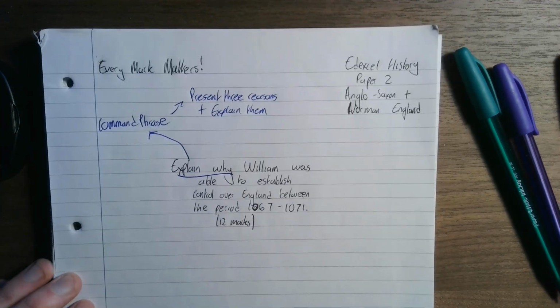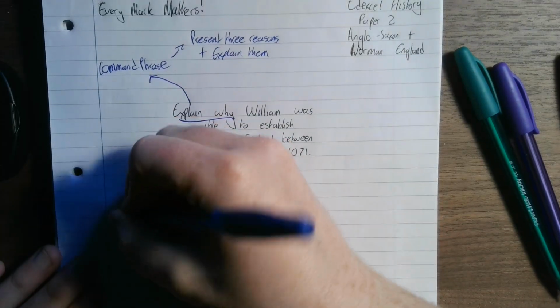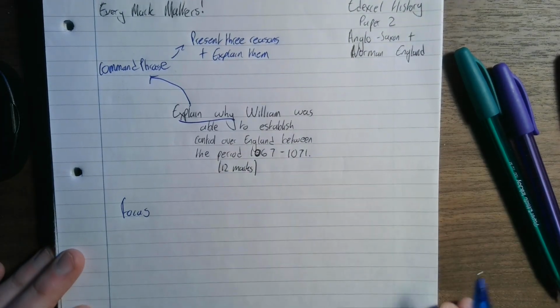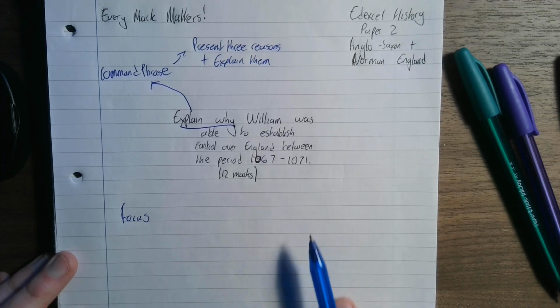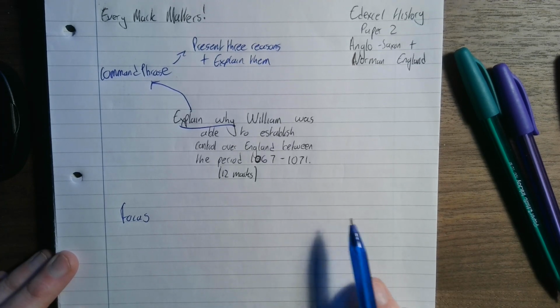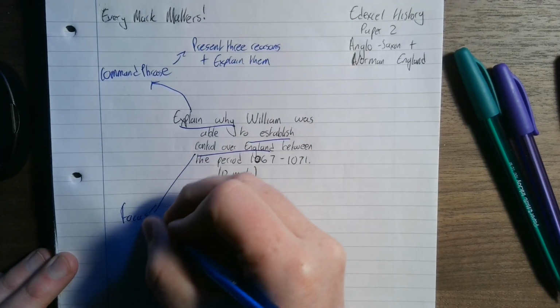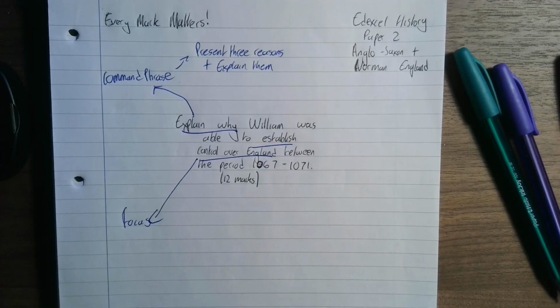Okay, so there's our command phrase. Let's have a little look at the focus. So our focus of the question is, well, explain why William was able to establish control over England between the period 1067 to 1087. Well, it's as simple as why was he able to establish control within the period.